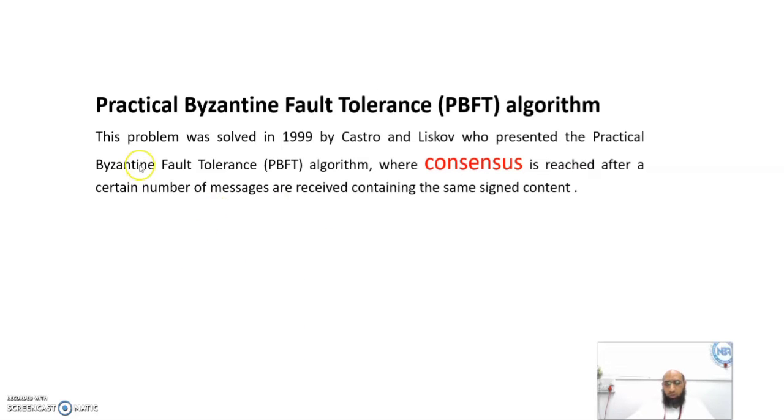This problem can be solved by the Byzantine fault tolerance algorithm. This problem was solved in 1999 by Castro and Liskov, who presented practical Byzantine fault tolerance, where consensus is reached after a certain number of messages are received containing the same signed content.